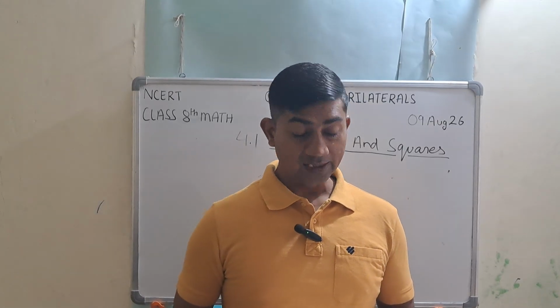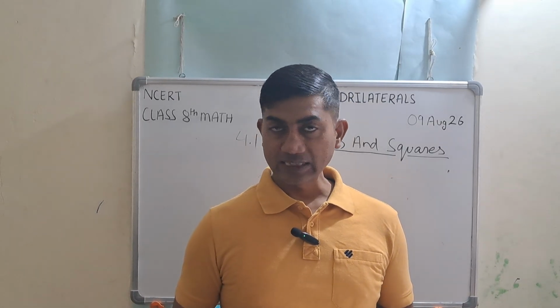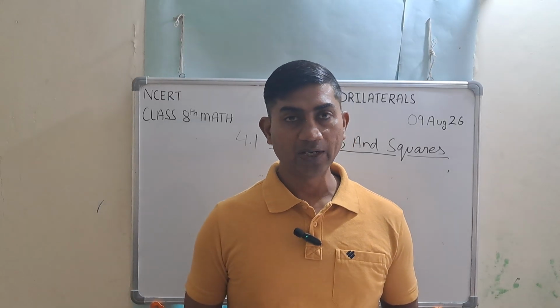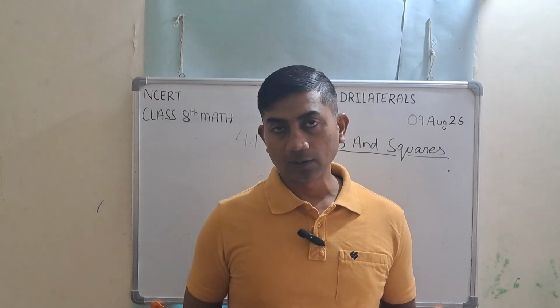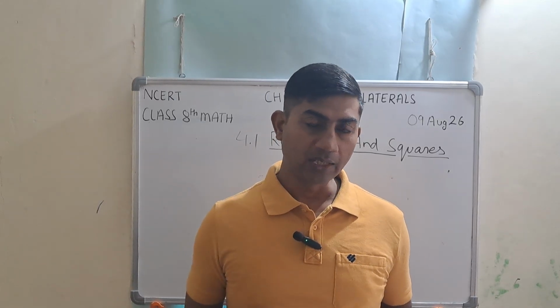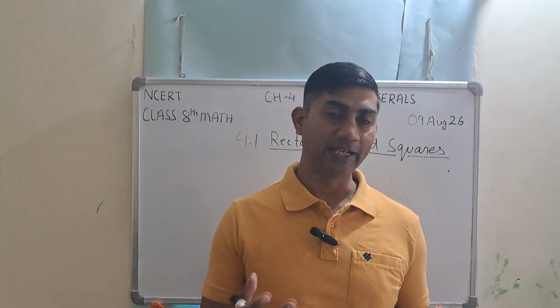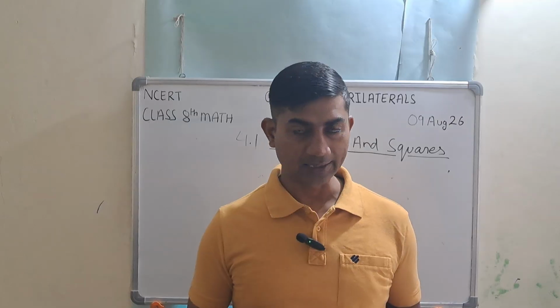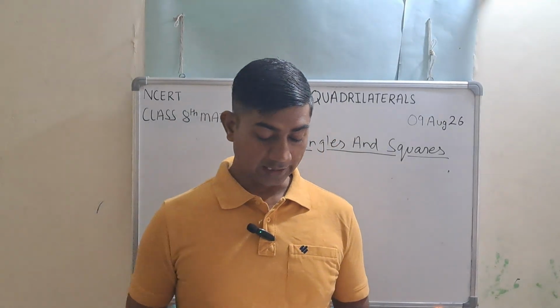Understood? So this problem we will see, and we will see how we can draw a rectangle in the real world perfectly when we are actually drawing a solid figure, like making a wall or a floor or anywhere. If we are making a box also, that has rectangle faces. Understood? That we'll see.